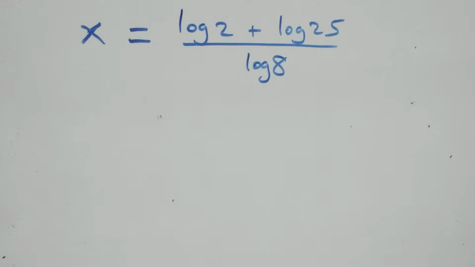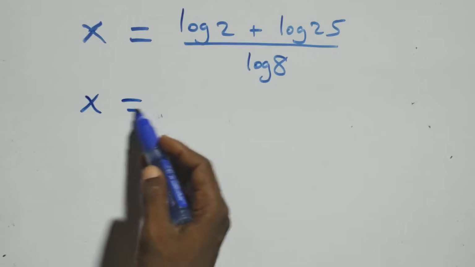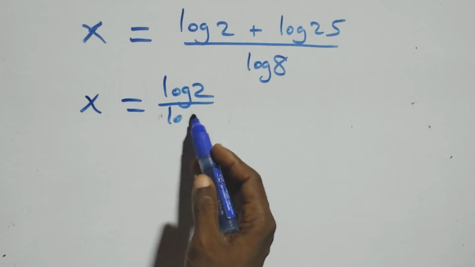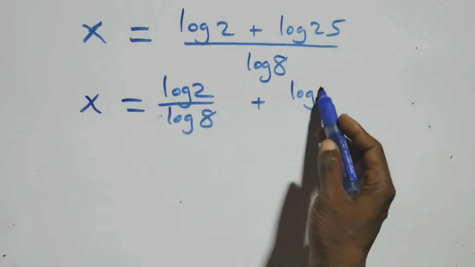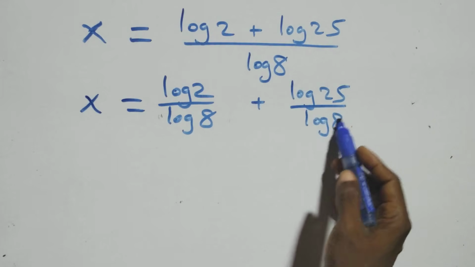Then next step here, we separate this into two fractions. We have x equals log 2 over log 8 plus log 25 over log 8.